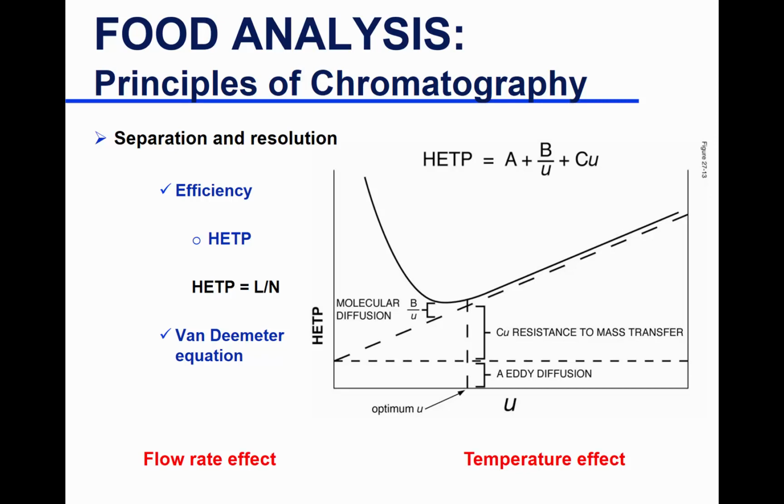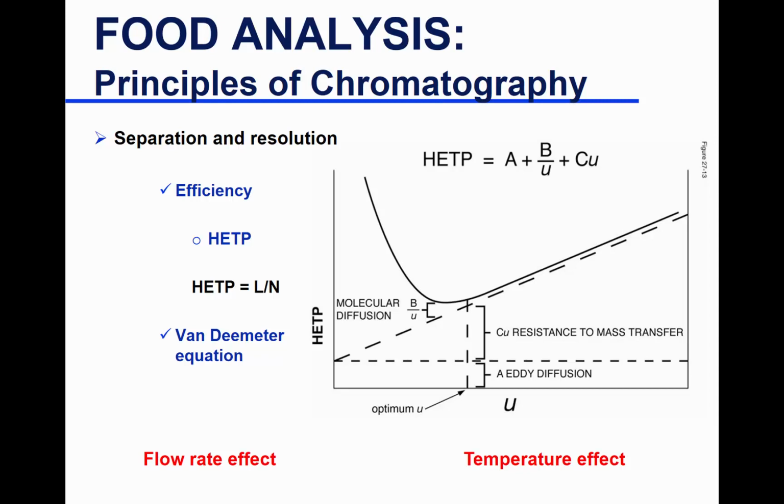There will be no time to reach equilibrium. That's why it has an inverse effect. So flow rate doesn't always go in one direction. Increasing the flow rate up to an optimum is what you need to find out: where you reach equilibrium and you have minimal diffusion through the column.